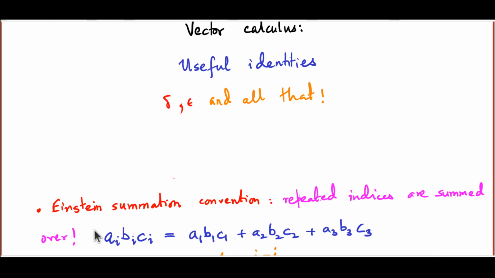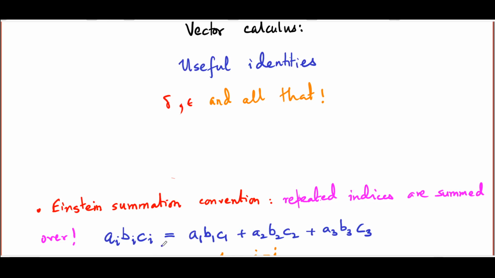And so, something like a vector being equal to ax i hat plus ay j hat plus az k hat would become a1 e1 hat plus a2 e2 hat plus a3 e3 hat, which this convention will help us write down in a compact fashion as ai ei hat.